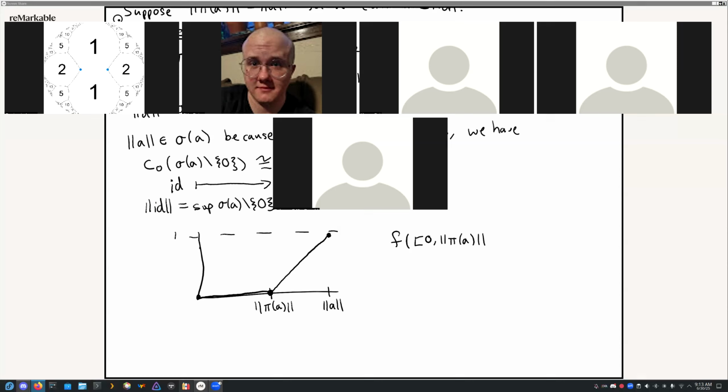So f of the image of this interval is 0, and f evaluated at the norm of A is 1.